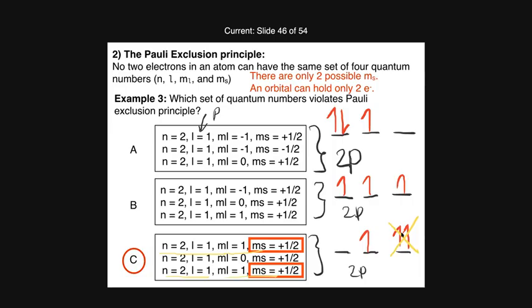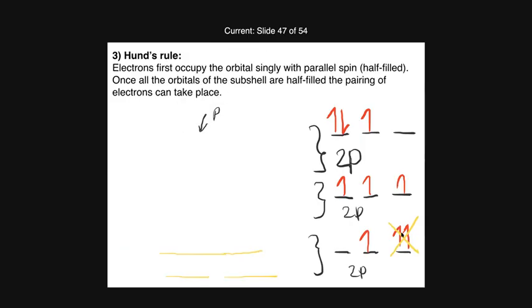So this is an example of a Pauli exclusion principle violation. You just need to make sure that all of them have a different set of quantum numbers.